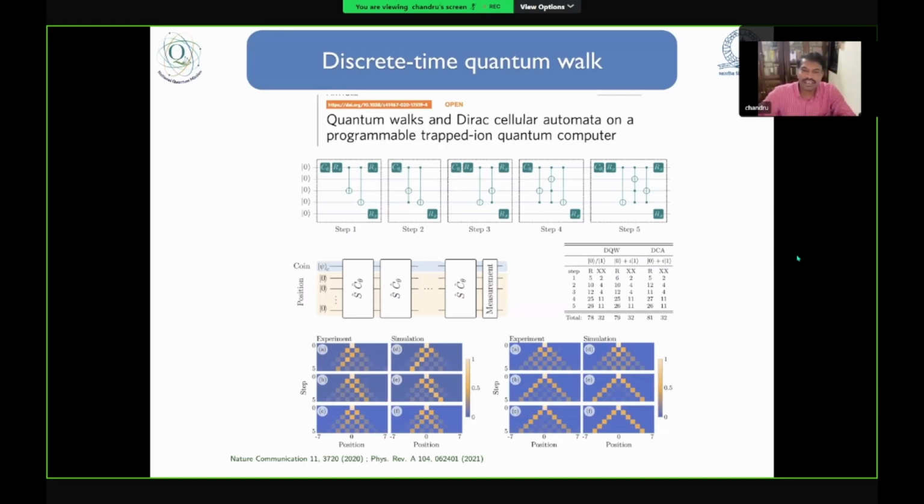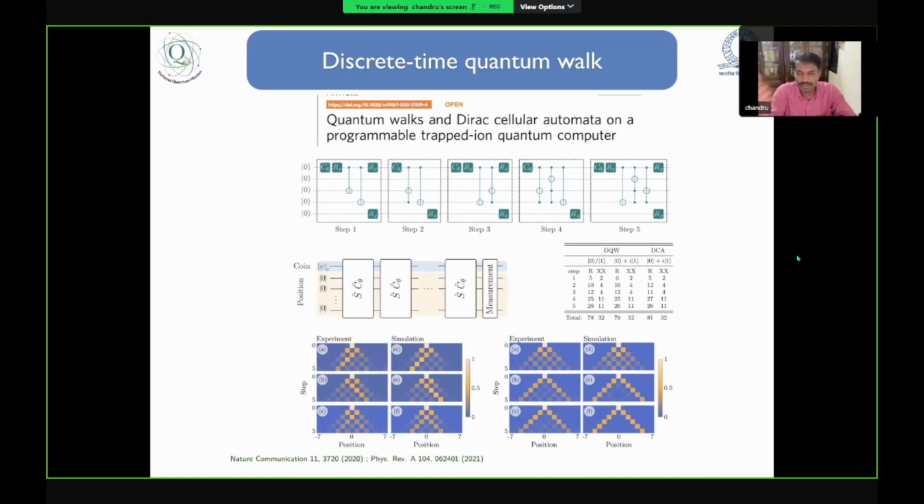And if you see here, this is the circuit to do gate operations to implement the quantum walk. If I implement 5 steps of quantum walk using gate operations, I get the probability distribution which mimics the relativistic Dirac equation. Now what has happened here is that my mass is very small and the speed of light is very high.